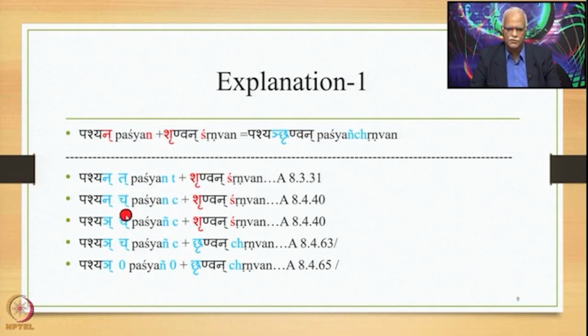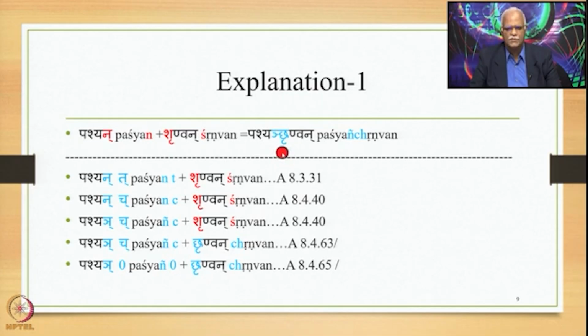Now because of this ch, this na will be substituted by ya, so we have pashyancha shrinvan. Now because of this ch being also described as jhai, so this sh will be substituted by ch. So we have ya, ch and ch over here. Optionally now this ch gets deleted. So you have pashyai shrinvan. So you get this particular derivation.